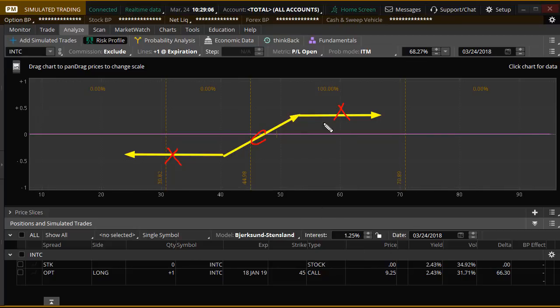You have a credit for selling the short call. Okay, so you collect up here. This costs you. If you add a put, you've added another cost to the trade, lowering your potential profit up here.